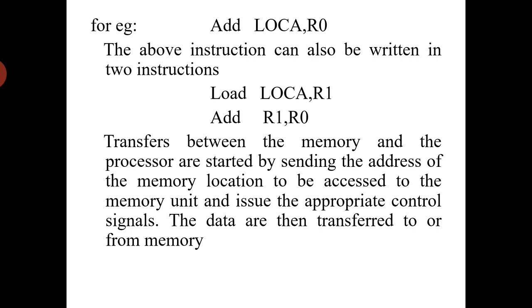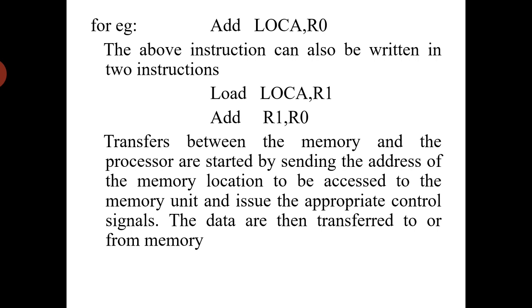I think you got how this instruction is executed. First of all, the instruction ADD LOCA, R0 is stored in the memory. Next, the data present in location A is sent to the ALU, and the operand present in processor register R0 is also sent to the ALU. The ALU will perform addition because the opcode is ADD.